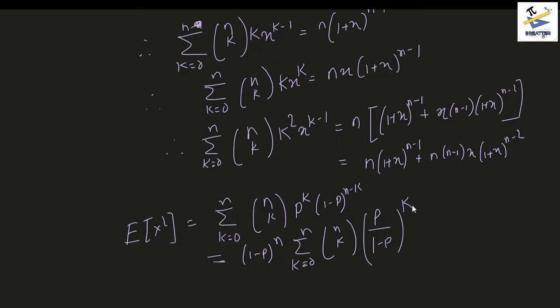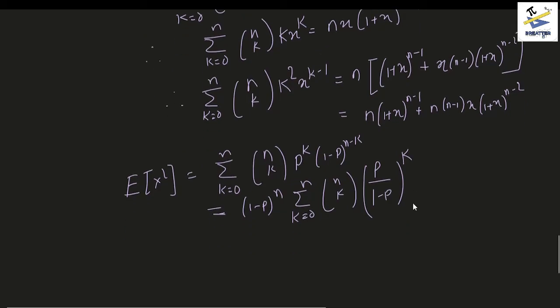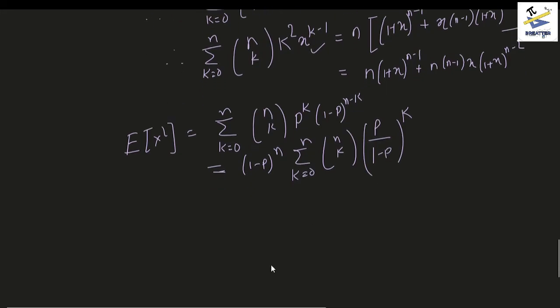Okay, so writing in this form, what helps us is we can multiply an x here on both sides to get the x to the power k equation, and we can put x equals p by 1 minus p, right? So what do we get by doing that?